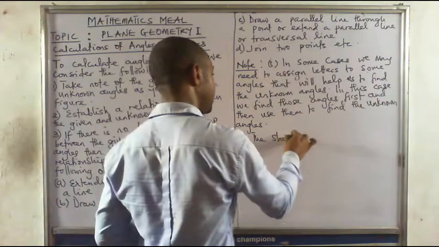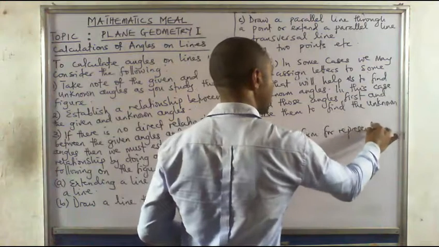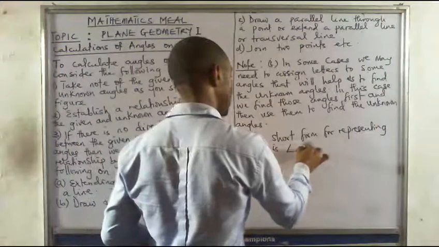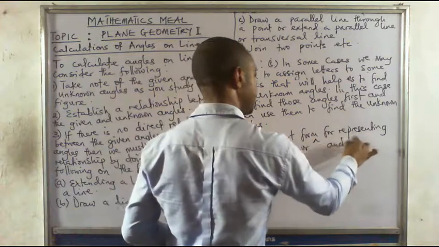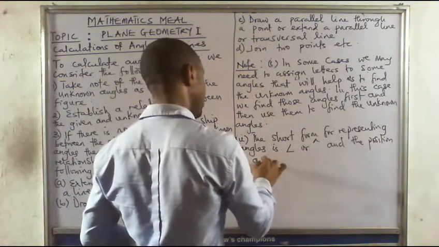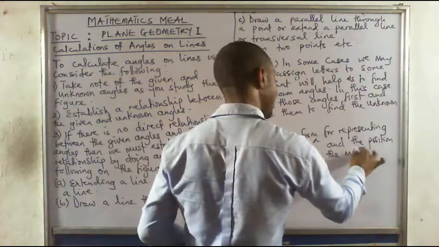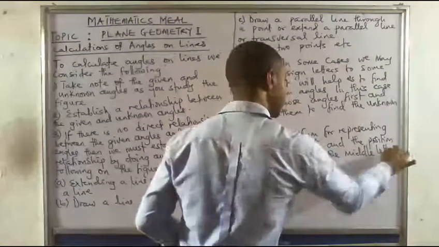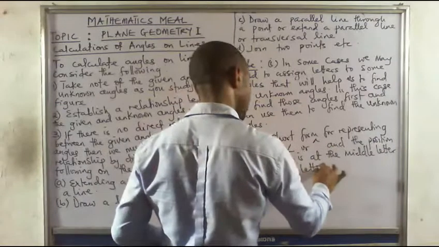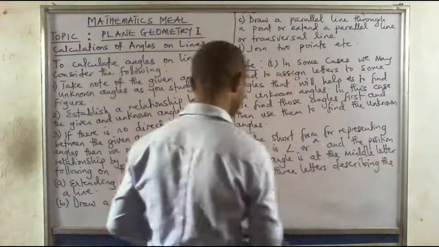The short form for representing angles is the angle symbol, and the position of an angle is at the middle letter of the three letters describing the angle.